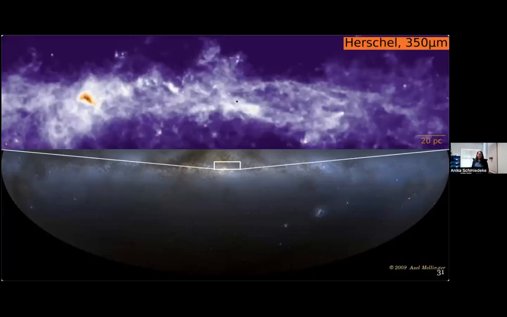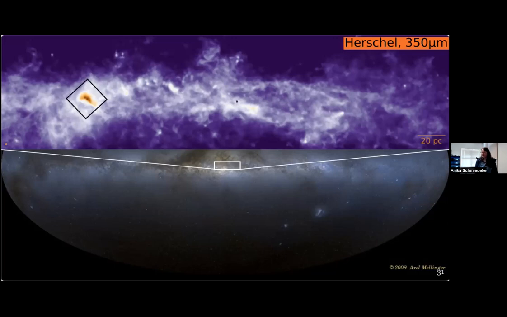If we go to the very center of this, that's what we call the central molecular zone. This is the inner 200, give or take, parsecs of our Milky Way. What you see at the top is a Herschel Space Telescope 350 micron image. And then I do like very dense things.